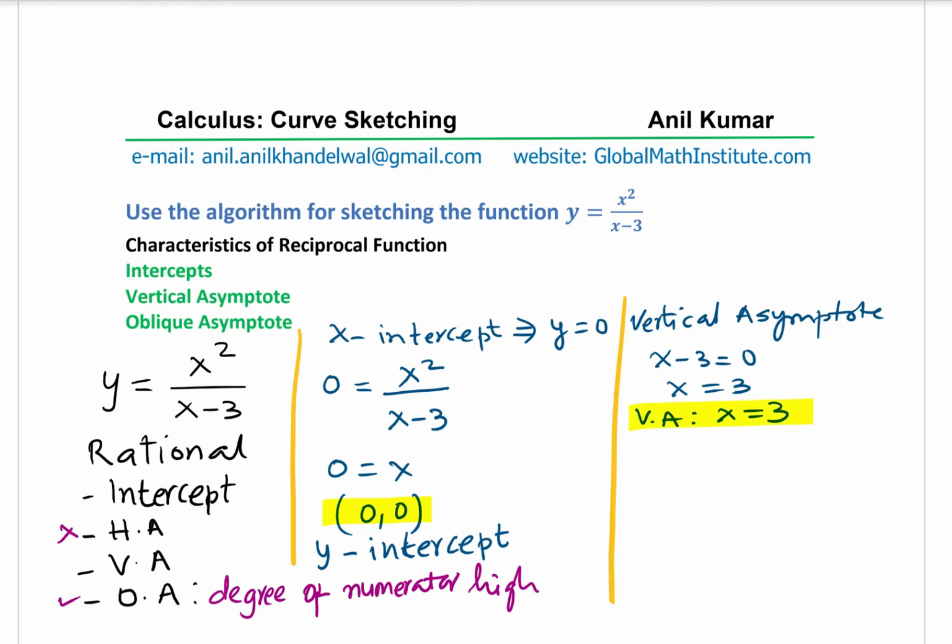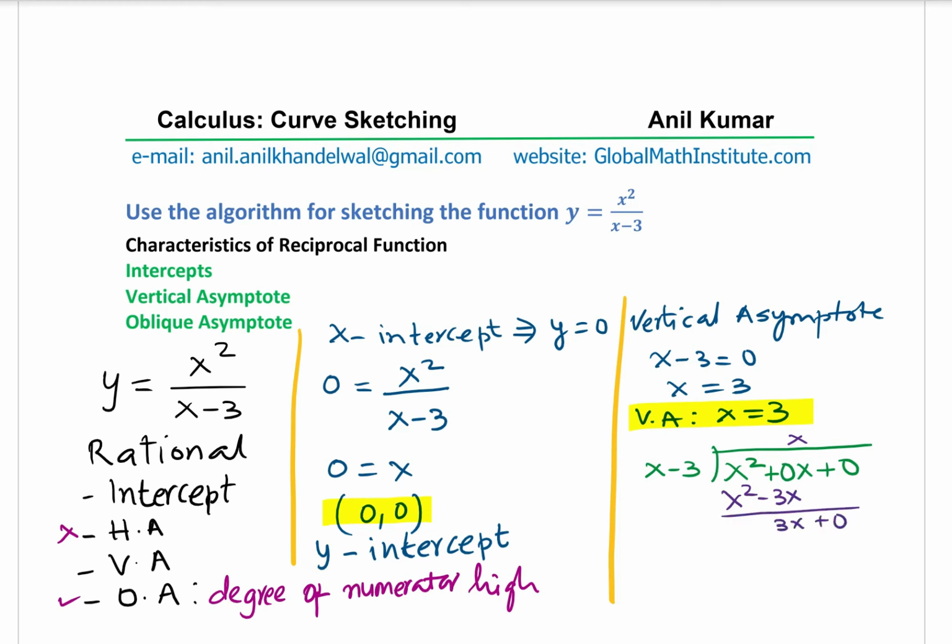Now, oblique asymptote. How are you going to find the oblique asymptote? To get the oblique asymptote, you have to divide the numerator by the denominator. In the numerator, we have x squared. We are going to divide this by x minus 3. Let me apply the placeholders here to do the needful. It goes x times, so you get x squared minus 3x, and when you subtract, you get 3x.